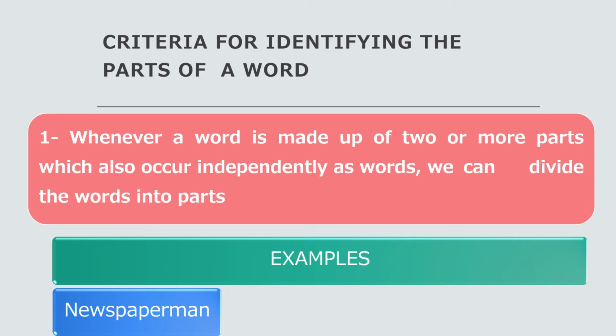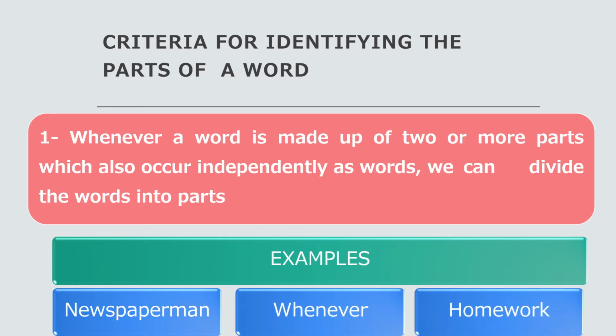For example, if you got the word homework, and you look closely, you can find 2 different parts, home and work. Both parts occur independently in English, so we can divide homework into home and work.